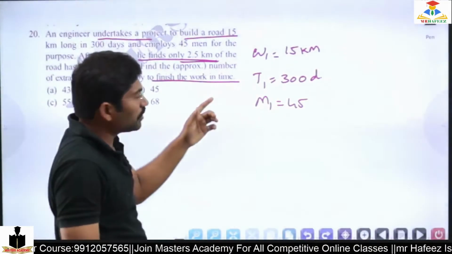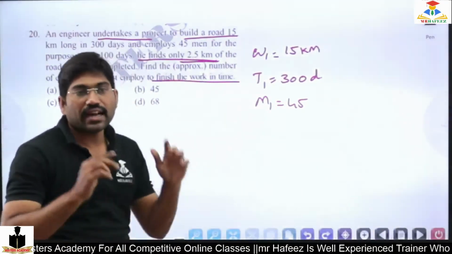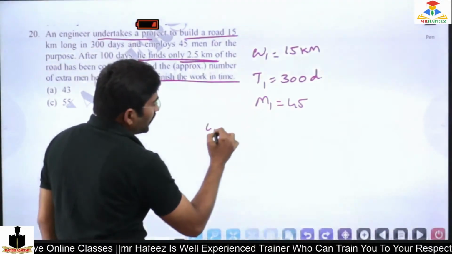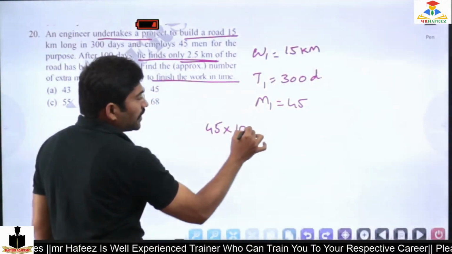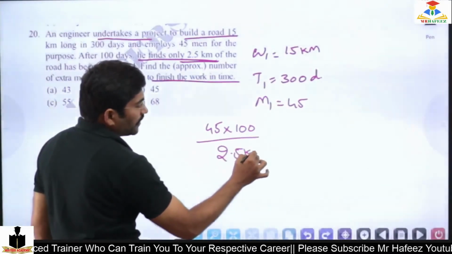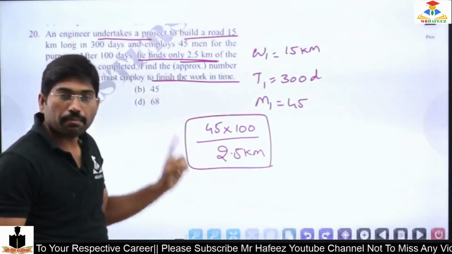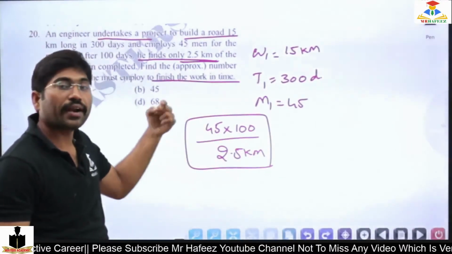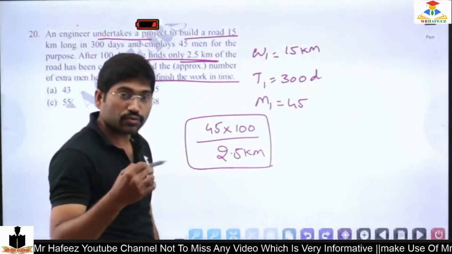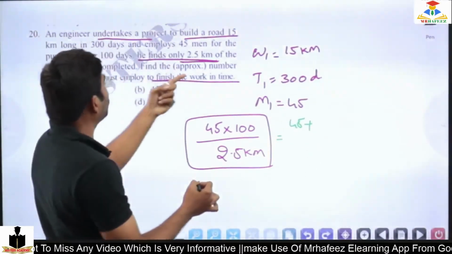Okay, so there are 45 men for the purpose. After 100 days he finds only 2.5, that means 45 men in 100 days were able to finish only 2.5 kilometers. So this should be understood by you. Now you have to find 45 plus how much?